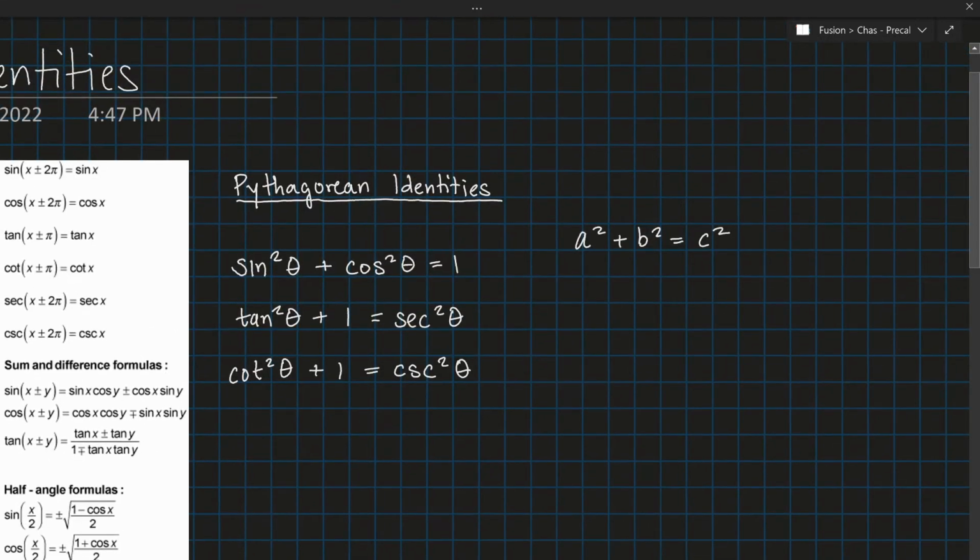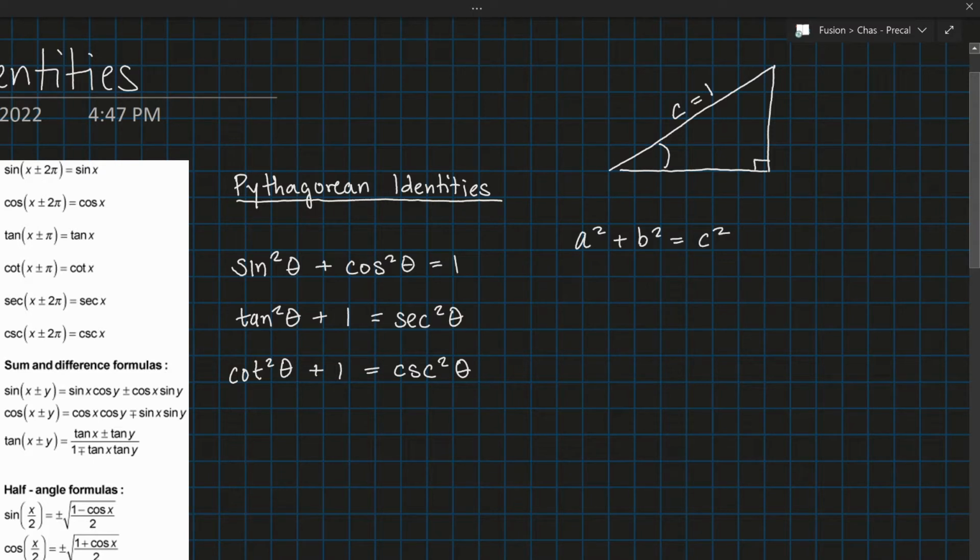Where here, it's like sine squared theta plus cosine squared theta equals 1, because 1 squared is still going to be 1. That's why 1 isn't squared. And on the unit circle, 1 is always the radius, which is the hypotenuse, whenever you draw a right triangle from it. So yeah, that's why it's equal to 1.